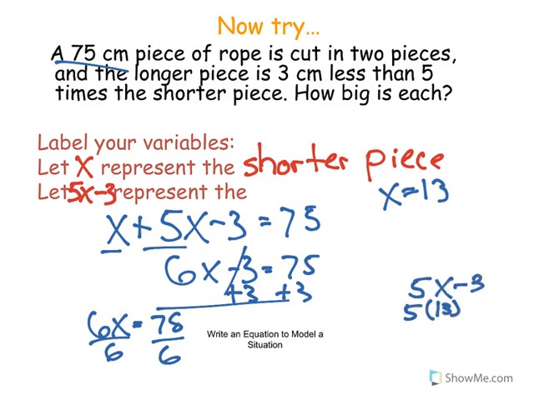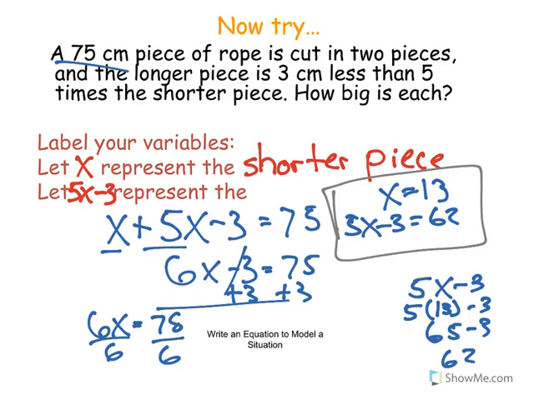Well, that's 5 times 13 minus 3. So that's 65 minus 3 is 62. All right, so when we write our answer, we would say the longer piece of rope is 62 centimeters. The shorter piece of rope is 13 centimeters. And altogether, that sum would be 75 centimeters.